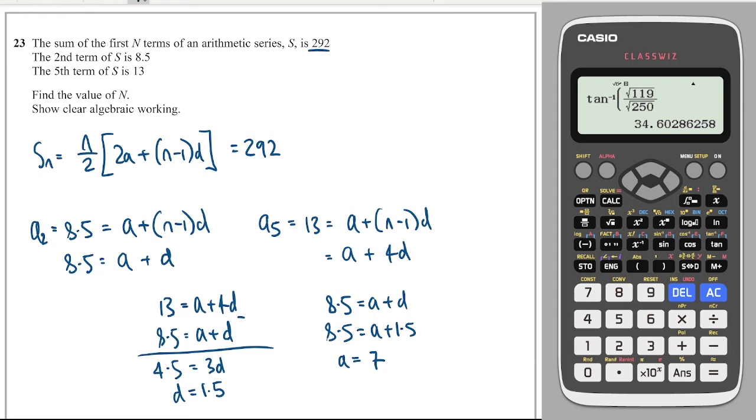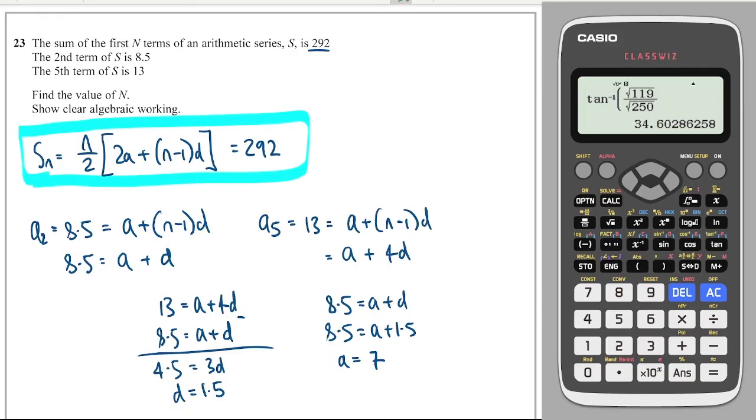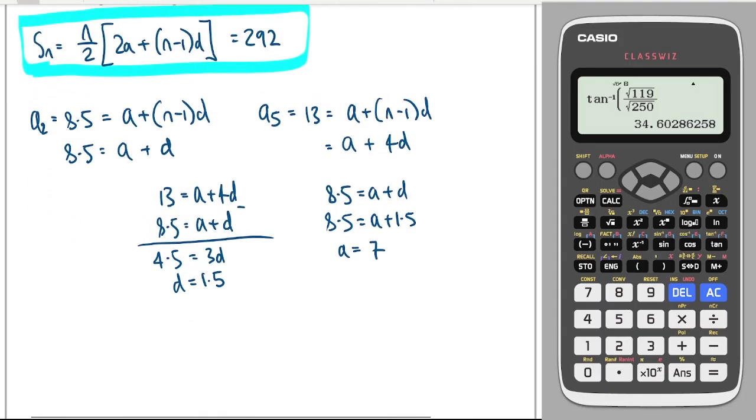Okay, I can now use this equation at the top here and use the a and the d, which I've calculated below, to work out the value of n. So I've got 292 is equal to capital N over 2, in brackets 2 times 7 plus (capital N minus 1) times 1.5.